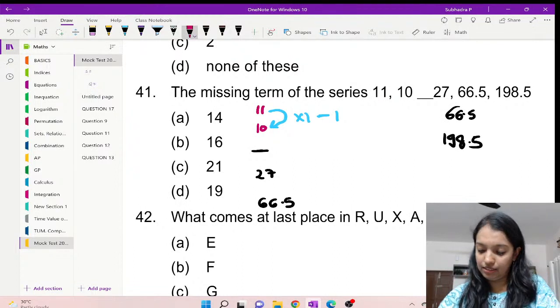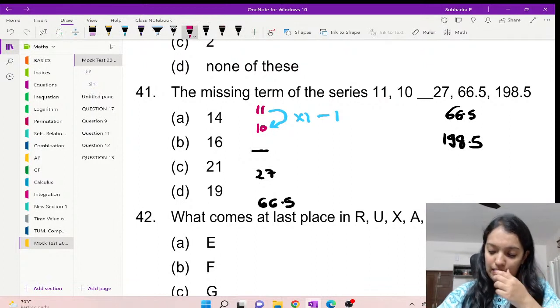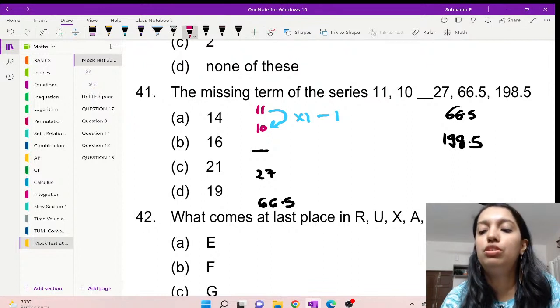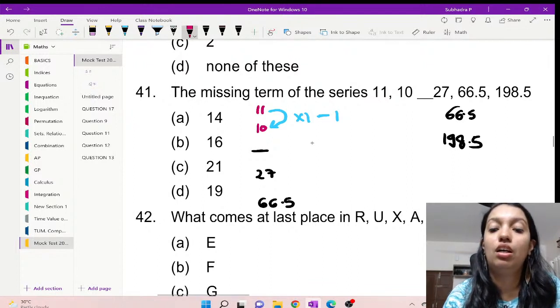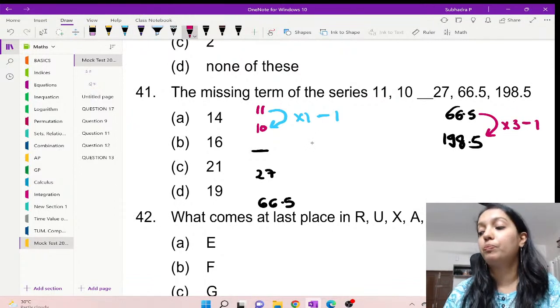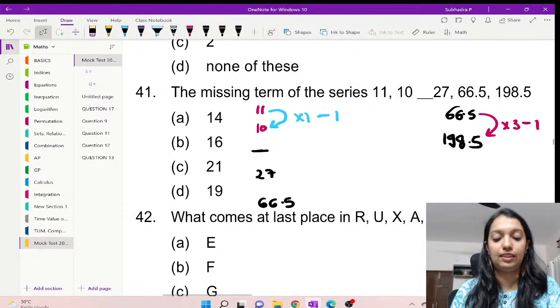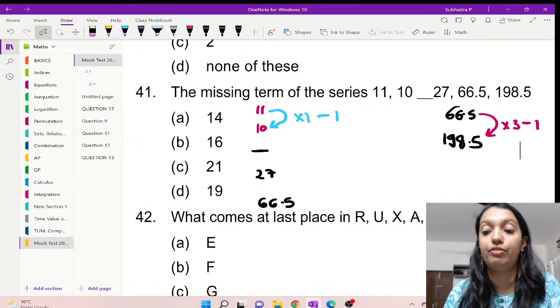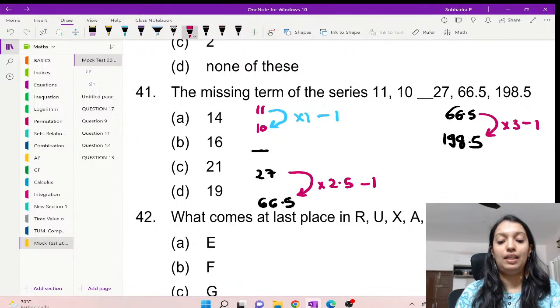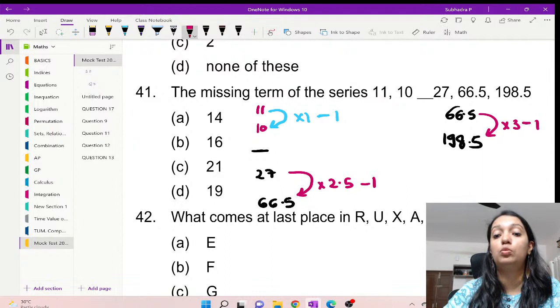Take your calculators. 198.5 I have to obtain from 66.5. Just to check, into 3 minus 1. Take your calculators. 66.5 into 3 minus 1. I am getting 198.5. So then this has to be into 2.5 minus 1. Check. 27 into 2.5 minus 1. I am getting 66.5.